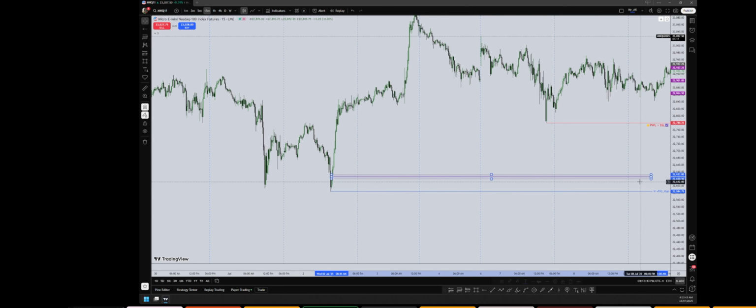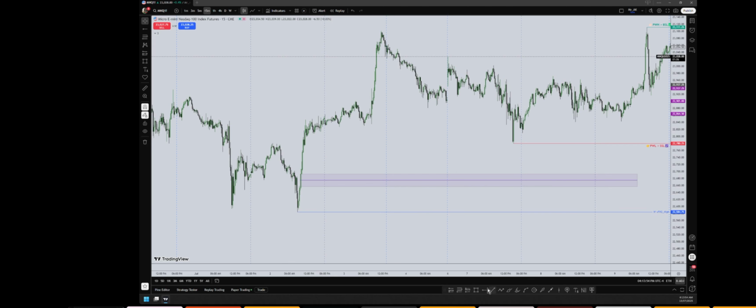So if it comes for this, it should be going for that as well. That's the thing. So rather it goes from this fair value, leaves it as a breakaway gap since I have another fair value here.